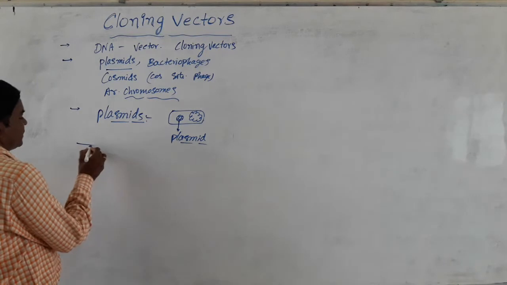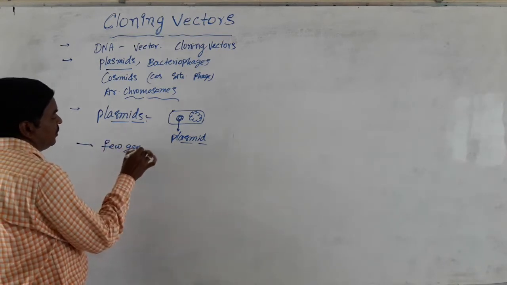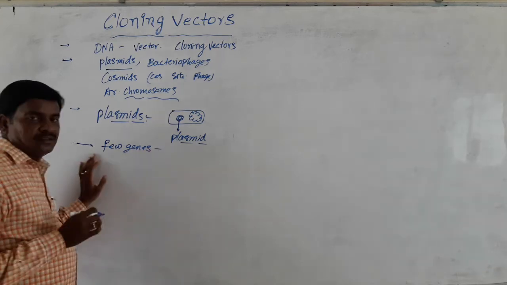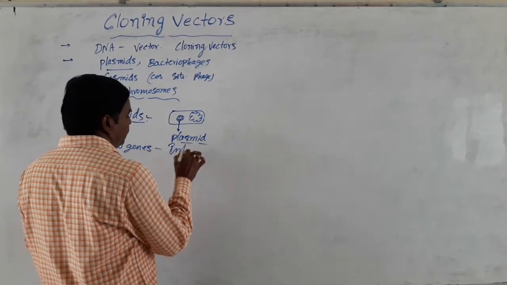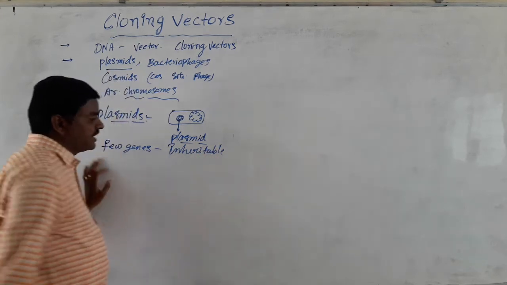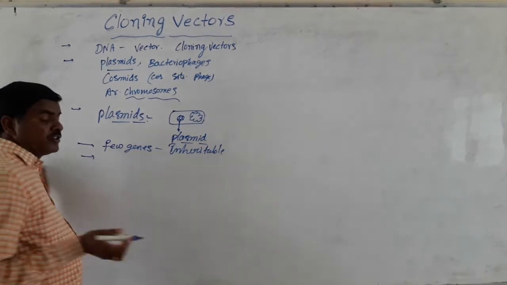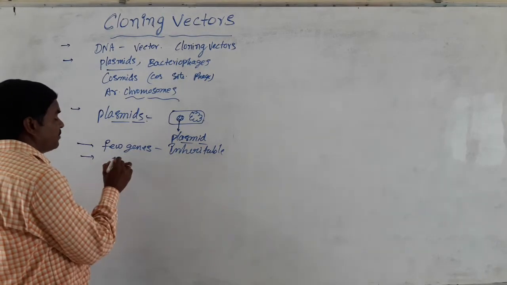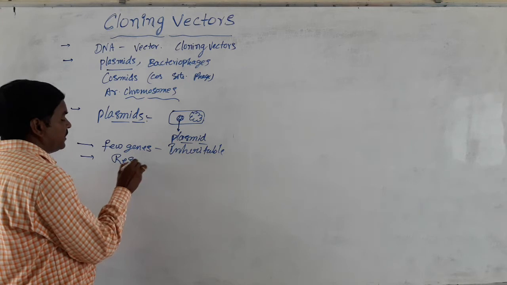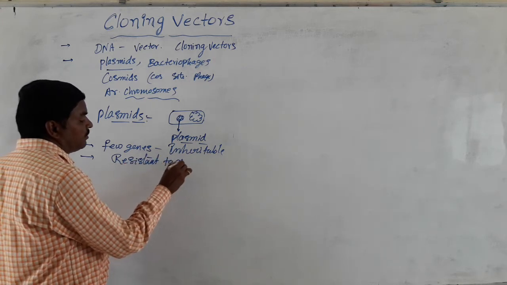These plasmids carry a few genes and are inheritable. They confer some unique features to these bacterial cells, for example resistance to antibiotics.